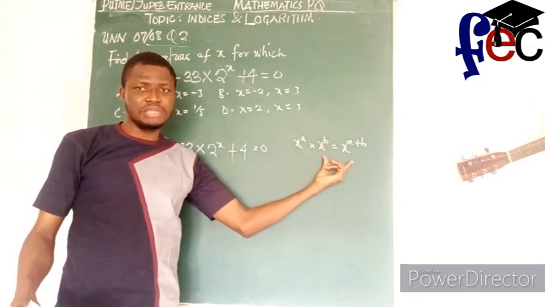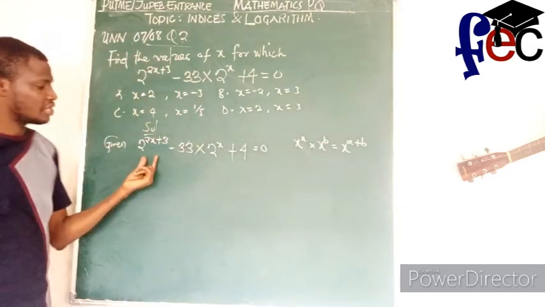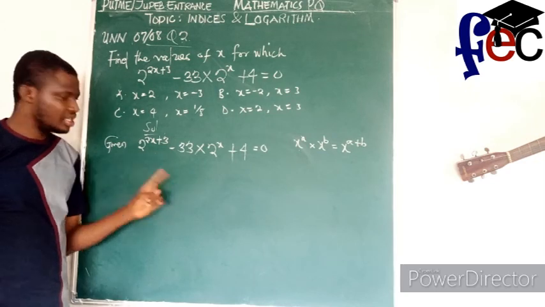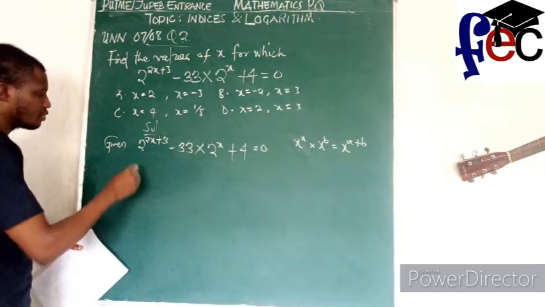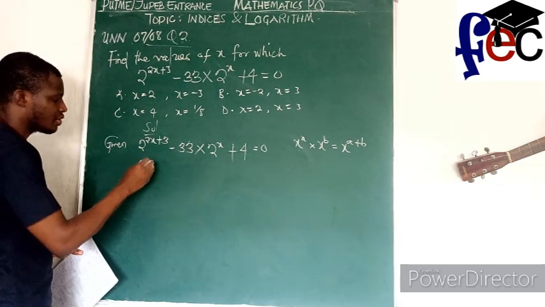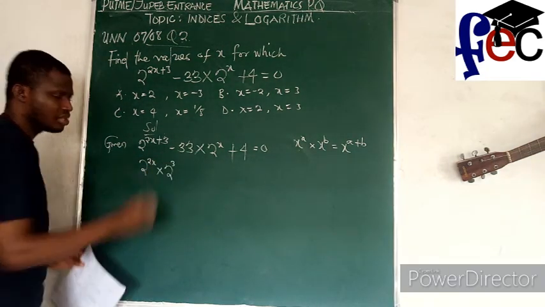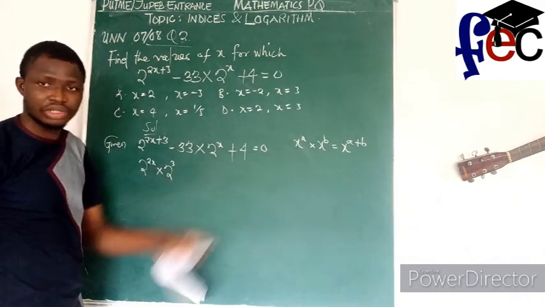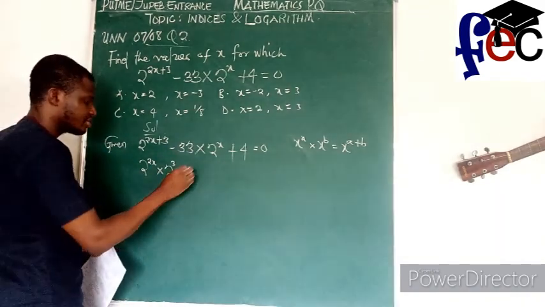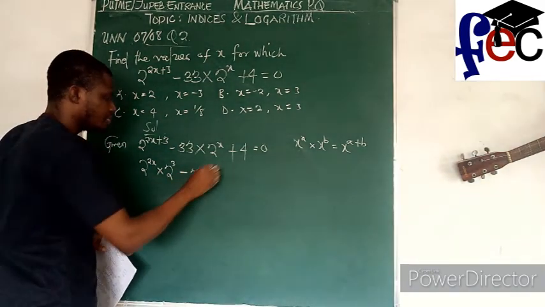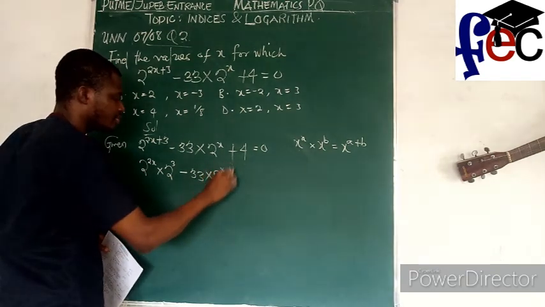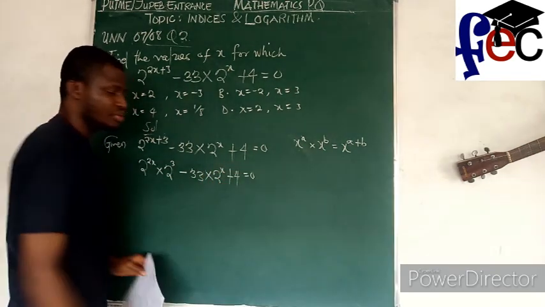So I'm using this particular law to rewrite this now. This one must have come from 2 raised to power 2x times 2 raised to power 3. Do you agree with me now, according to that law? Then minus 33 multiplied by 2 raised to power x plus 4 equal to 0.